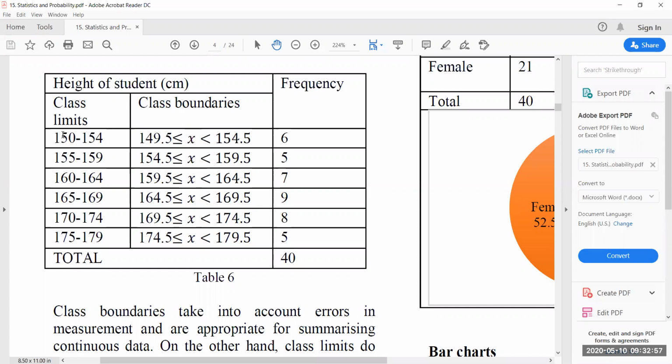Okay, so remember I told you all the lower class boundary will be 0.5 less than whatever you have here, and 0.5 more than this upper class boundary here.